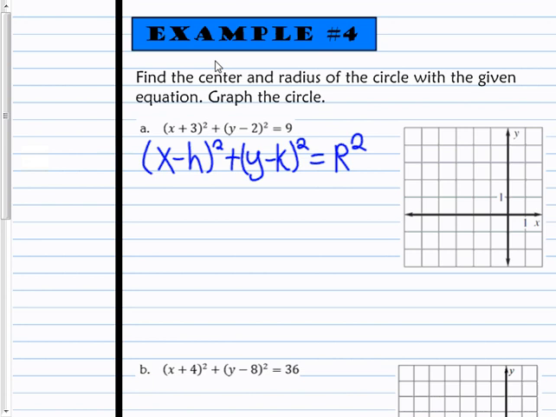First of all, I need to look at what they gave me. I know that I'm looking for the center, and I also know that I need the radius.